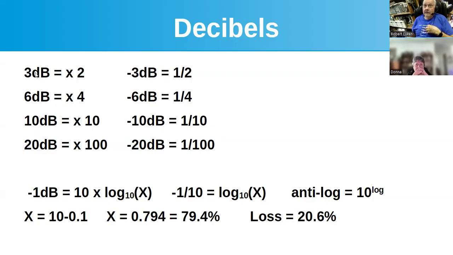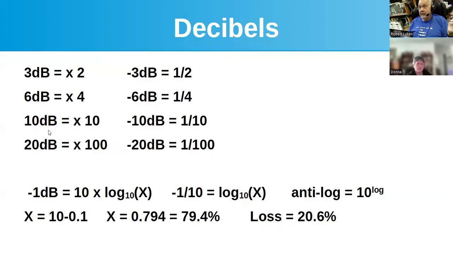So if I add 3 dB to 3 dB, I'm multiplying 2 times 2, which is the way slide rules work, if you ever looked at the logarithmic scales. Likewise, minus 6 dB is a quarter. Anytime it becomes less than 1, you start getting a negative log number.